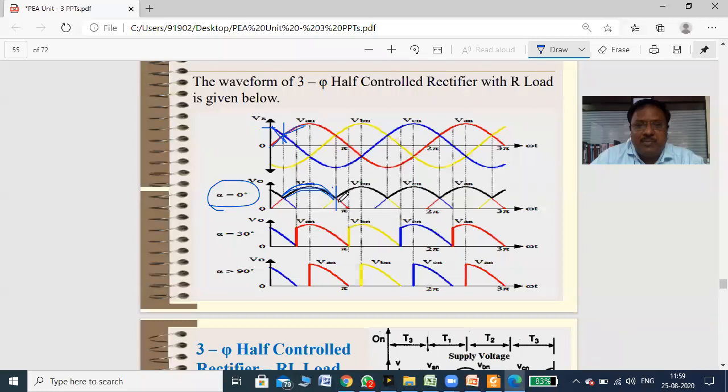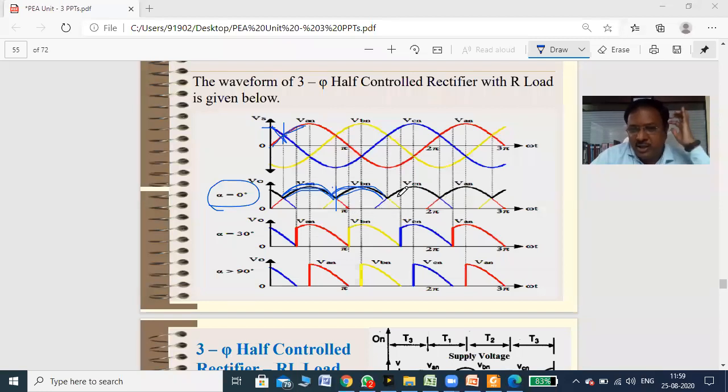At 150 degrees, phase B is more positive than phase A. Phase C is still negative, but phase A is now decreasing and phase B is increasing. So at 150 degrees, the voltage at phase B is more positive compared to phase A. If you apply a triggering pulse, the SCR turns on and you get this pulse, from 150 to 270 degrees.